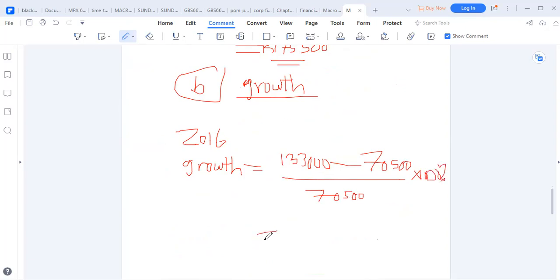So we can find the growth: 133,000 minus 70,500 is 62,500.